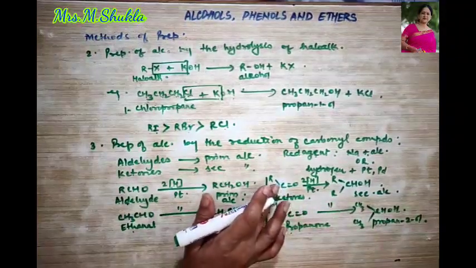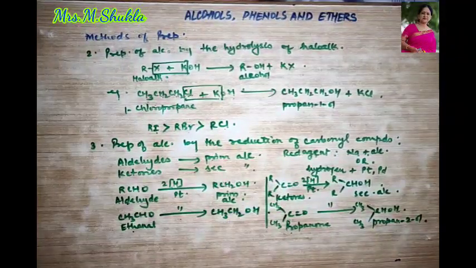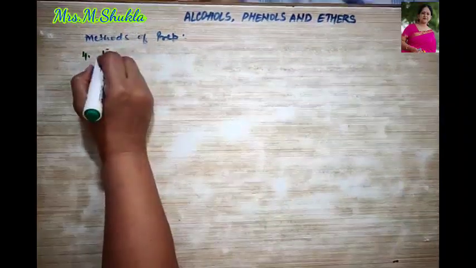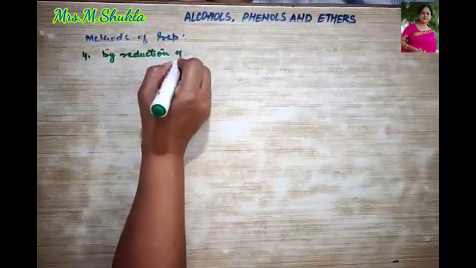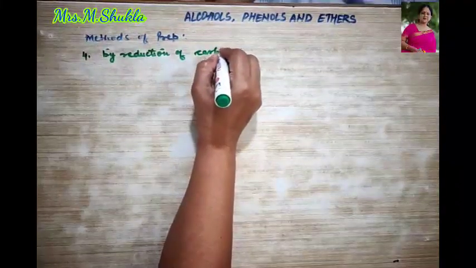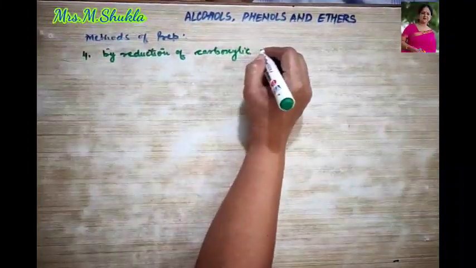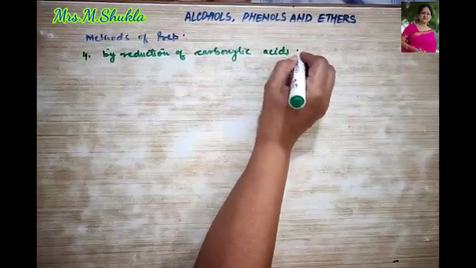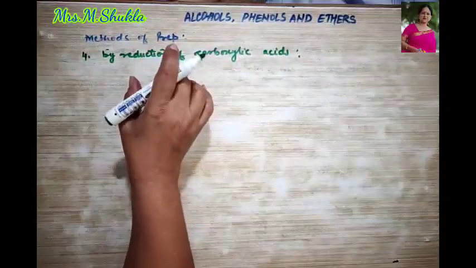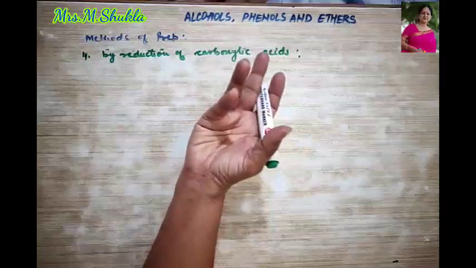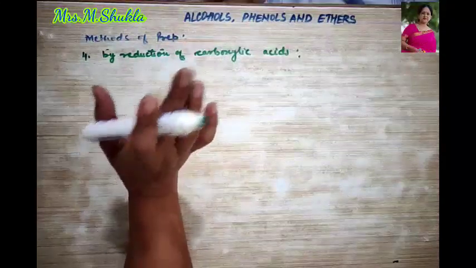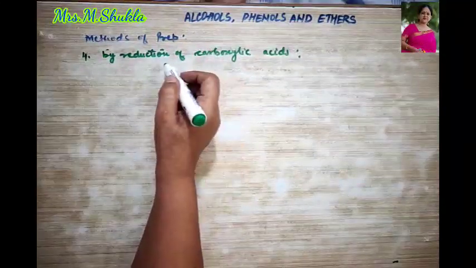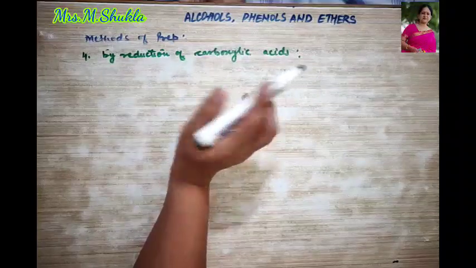Now let us move to the preparation of alcohols by reduction of carboxylic acids. Over here the acids and the derivatives, they could be your acid chloride or anhydrides or even esters, they on reduction always produce alcohols.